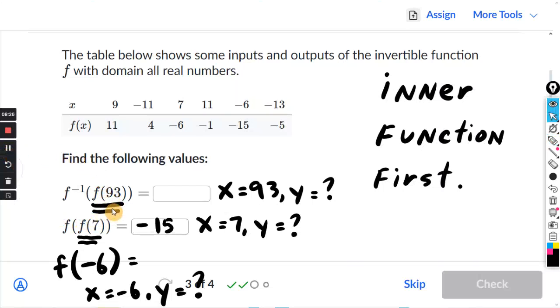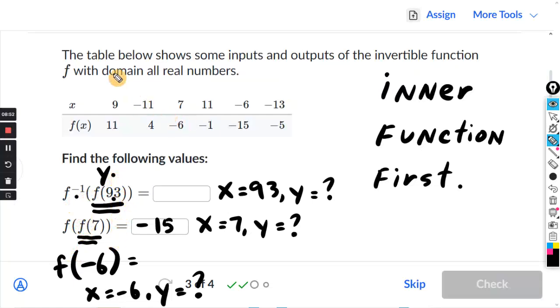This is actually a trick question here, because here we want to get the y coordinate at x equals 93. So let's say we get whatever y coordinate that is. And then here they are asking what is the x coordinate at that y coordinate. So that is just 93.